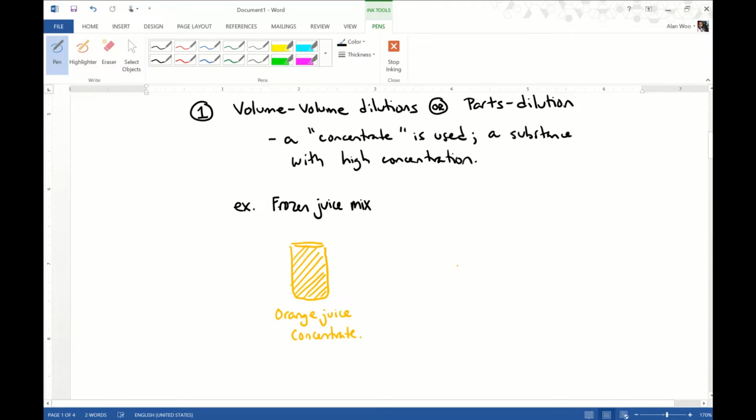Now, the easiest way to recognize that you're dealing with a volume-volume dilution or parts dilution is that they often give you some kind of ratio.